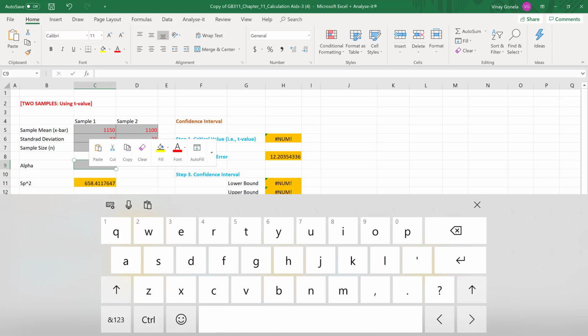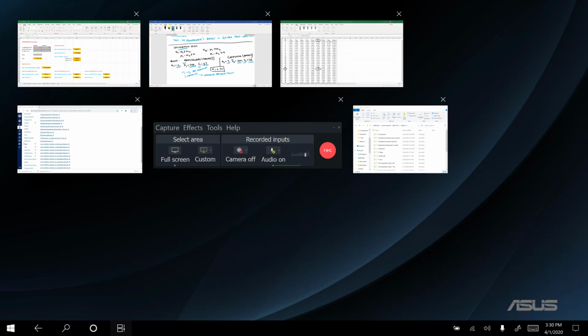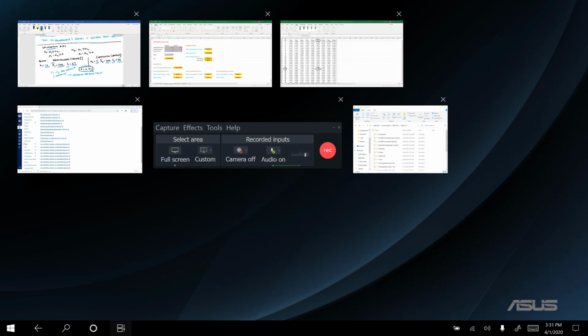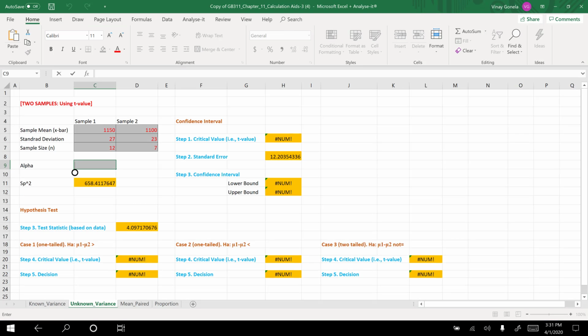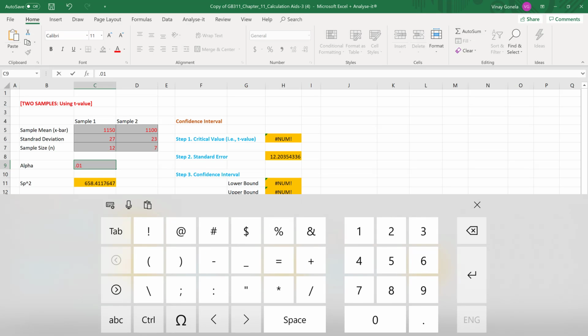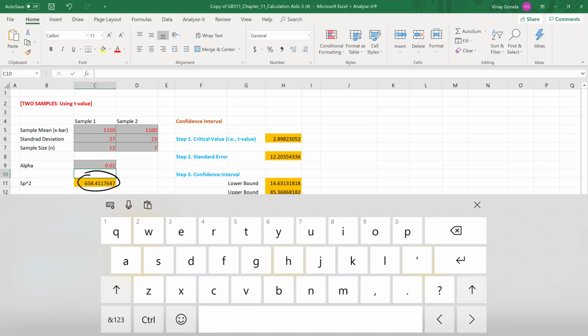And then alpha is 0.01. So again we have an SP square of 658, test statistic 4.09, and okay, I need to hit enter.